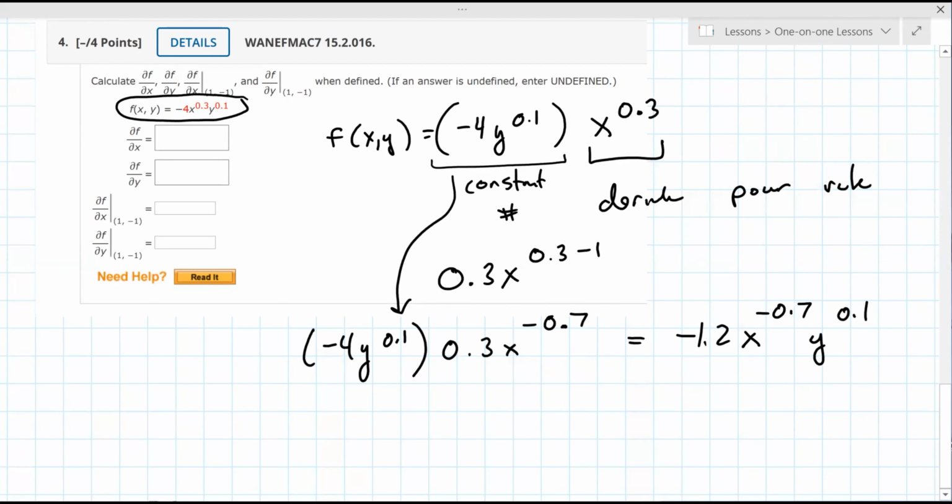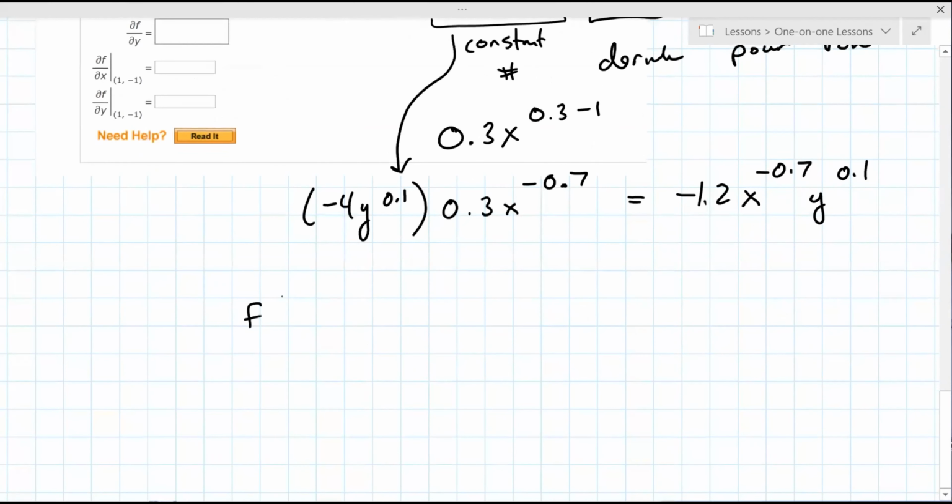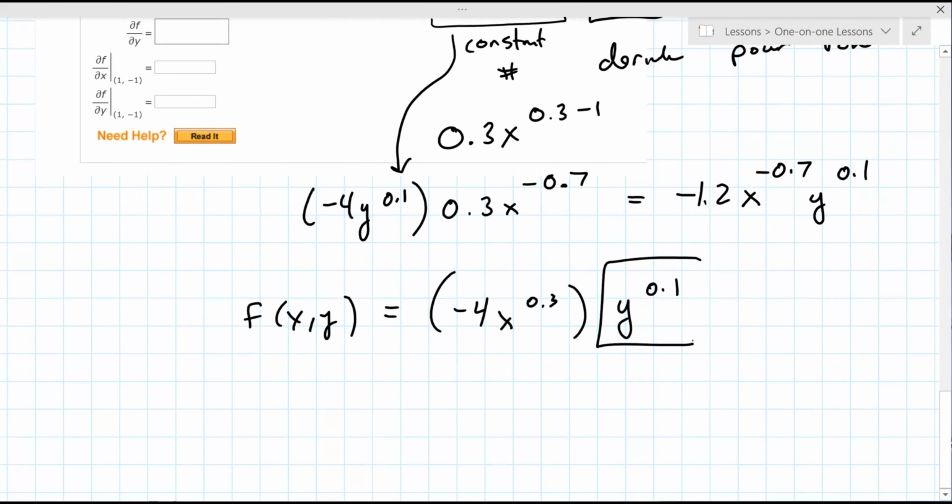Now let's look at the function again, f of x comma y. But I'm going to do it now where we're taking the derivative with respect to y. So treat negative 4x to the 0.3 as your constant. y to the 0.1 power is the thing you have to take the derivative of. The constant is just a number that comes along for the ride.